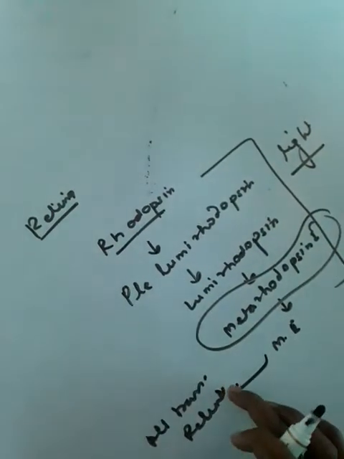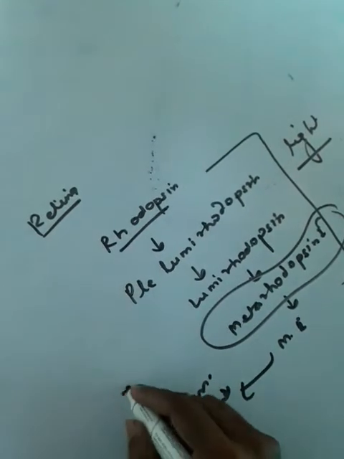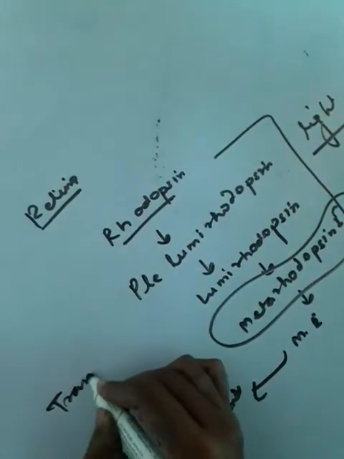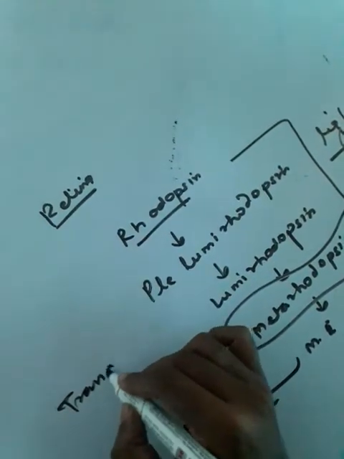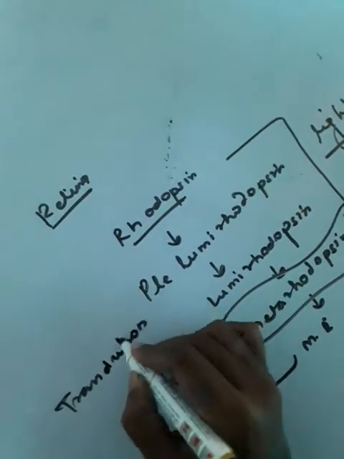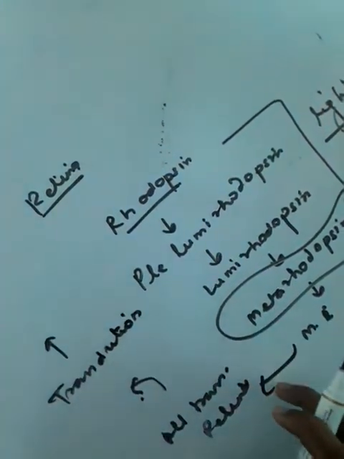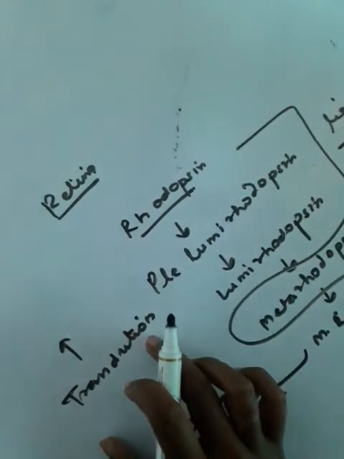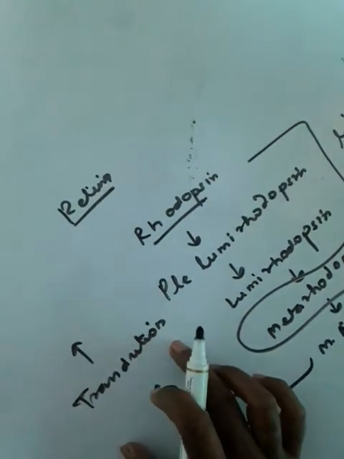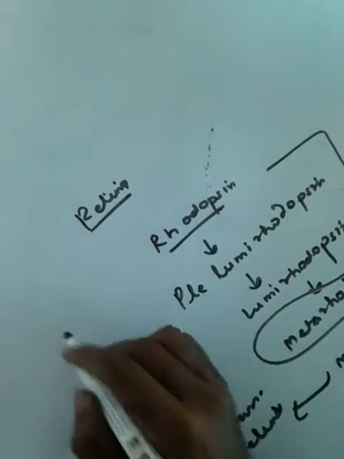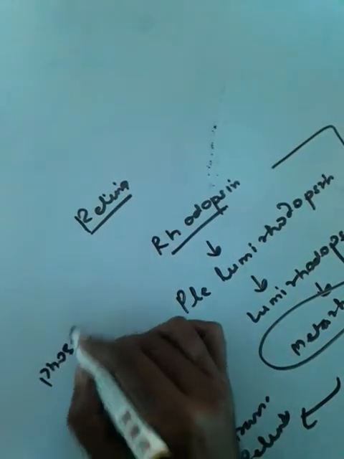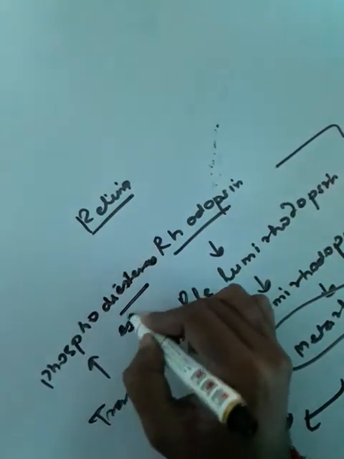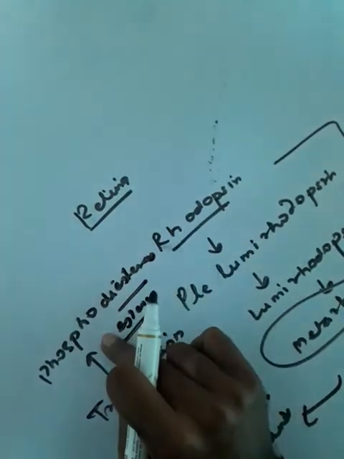Okay, so when it is converted to all-trans retinal, vision will occur, so there will be transduction. When all-trans retinal is converted, it transduces the cells, and it releases phosphodiesterase. Phosphodiesterase: here two ester bonds will be present in the phosphodiesterase.